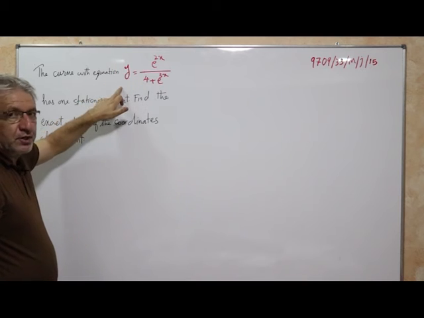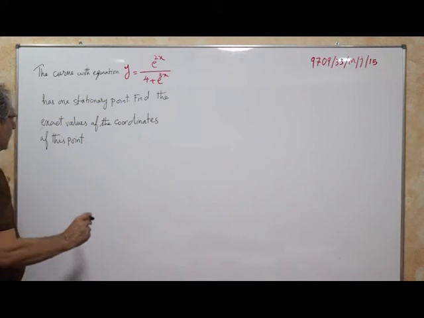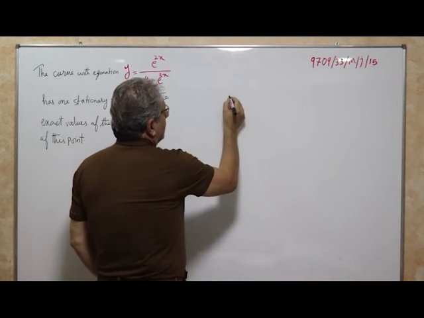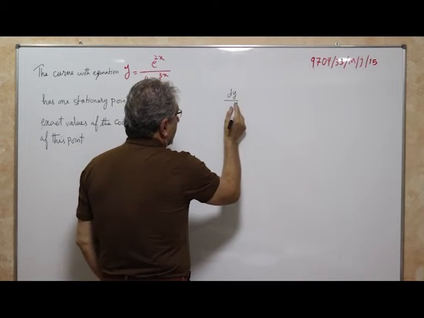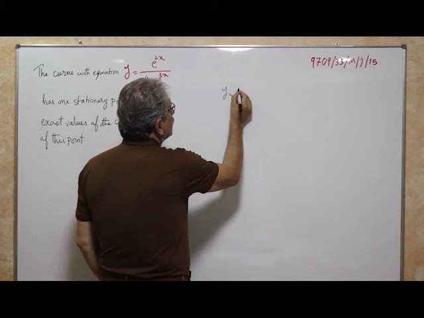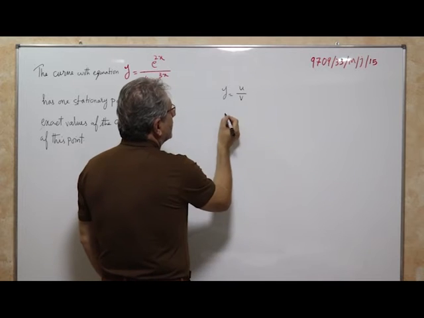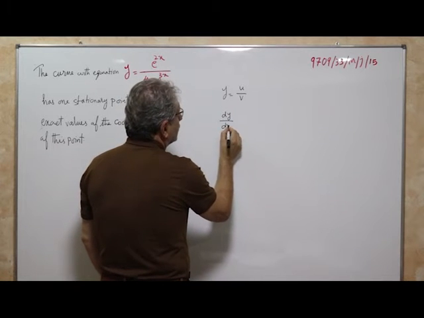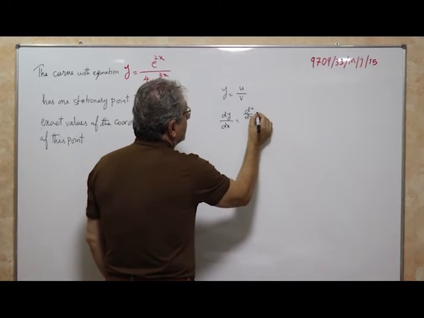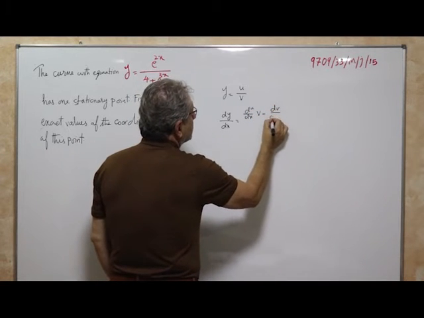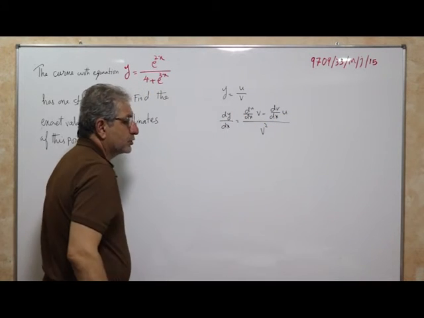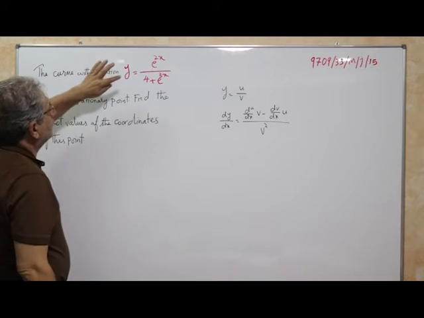To find dy by dx, you have to remember that if y is equal to u over v, then dy by dx is equal to du by dx times v minus dv by dx times u, divided by v squared. That is the quotient rule.